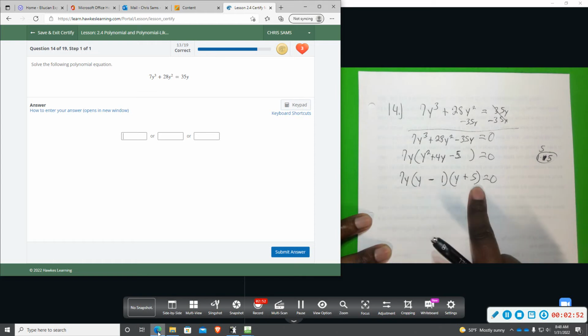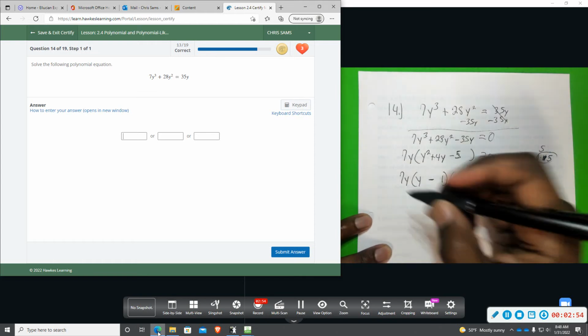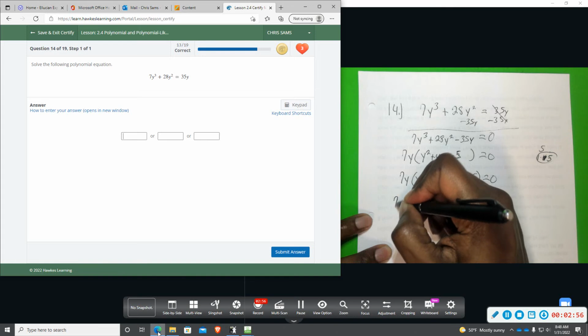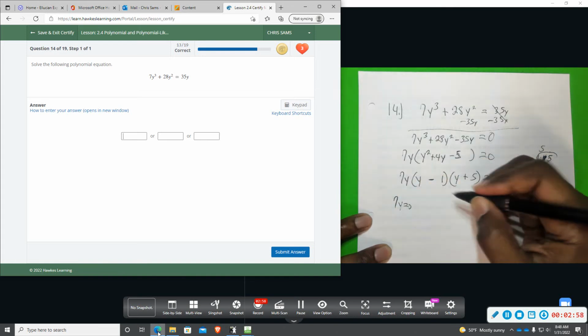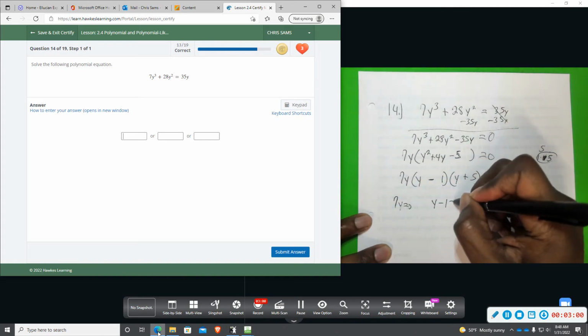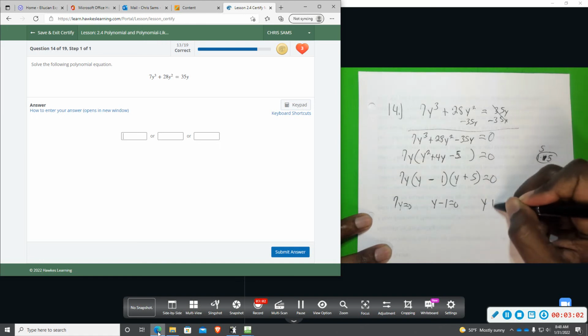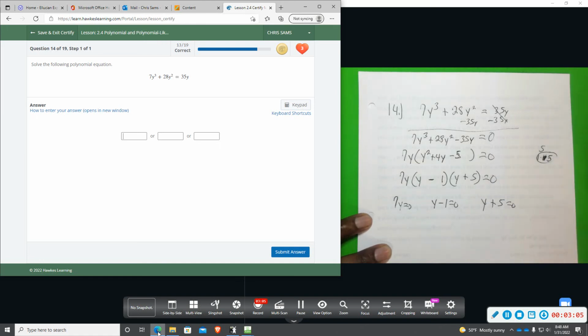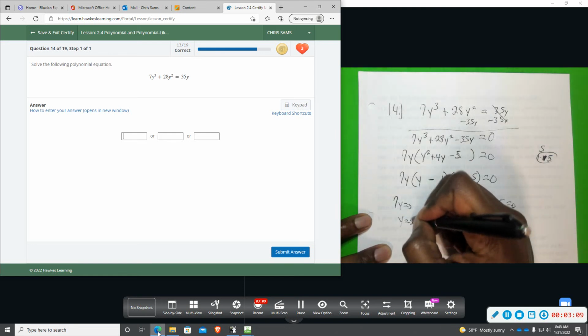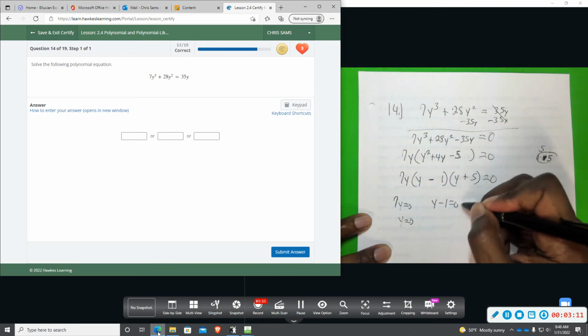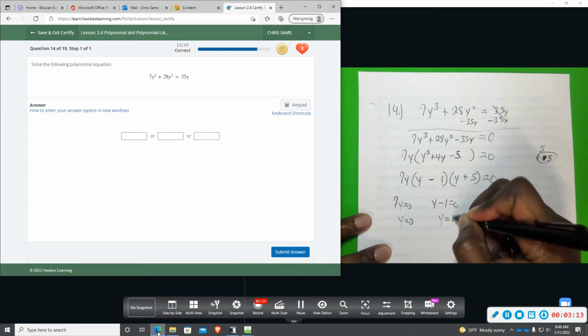We're going to set each factor equal to 0 and then solve. 7y equals 0, y minus 1 equals 0, and y plus 5 equals 0. So here you divide by 7 and you just get y equals 0. Here we would add 1 and get y equals 1.